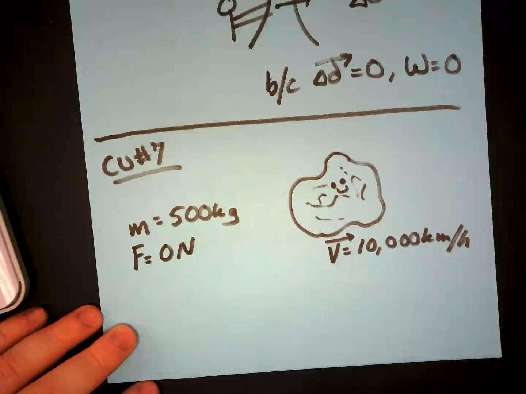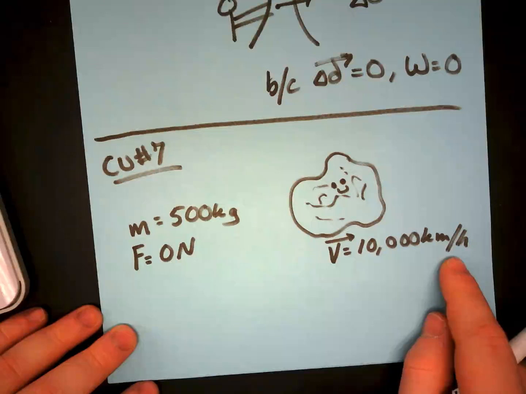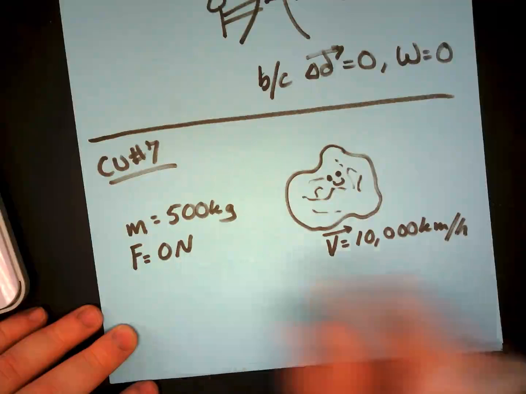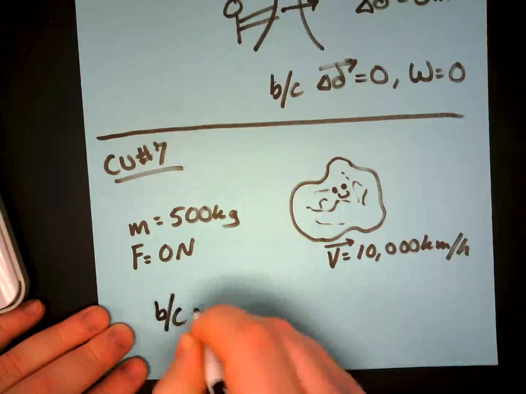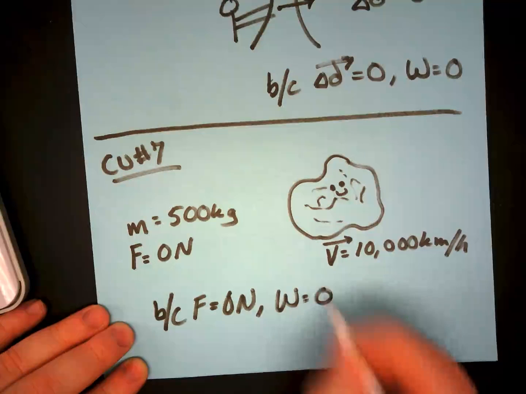So if the force is 0, yeah, we may have some distance traveled. Like you could measure how much distance this guy travels at this rate over 100 years. But there's really no force being applied here. So because our force is 0, our work is 0.